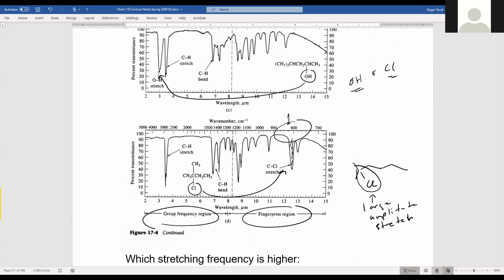But CCl4 won't, because that symmetric stretch will be much lower frequency as it involves all four chlorine atoms. The K value is the same, but the mu value is much higher. But for single chlorine-carbon bonds, where the other substituents are not massive, you'll get a stretch in that region.